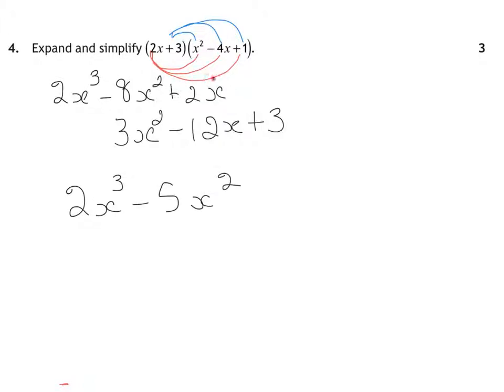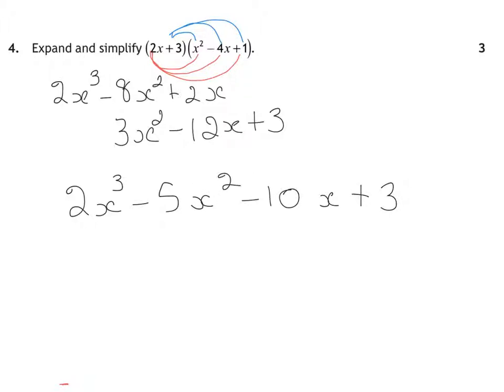Next we have plus 2x minus 12x, positive 2, negative 12, negative 10x. Last but not least, we've got a plus 3 there. We've got no other numbers, so that just stays the same. So final answer, 2x cubed minus 5x squared minus 10x plus 3.